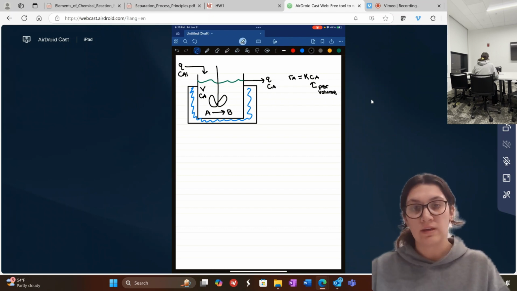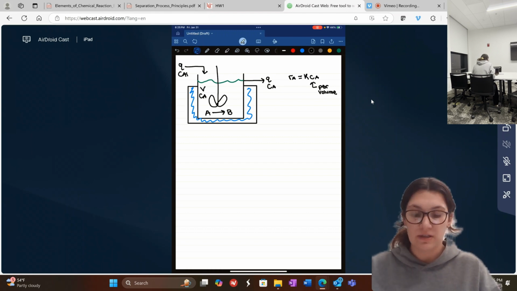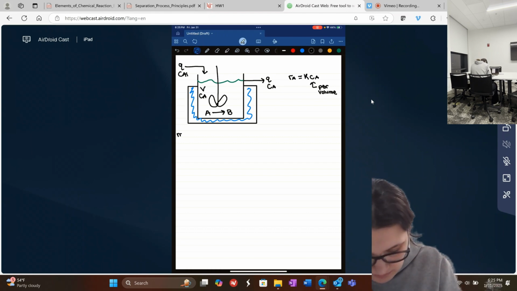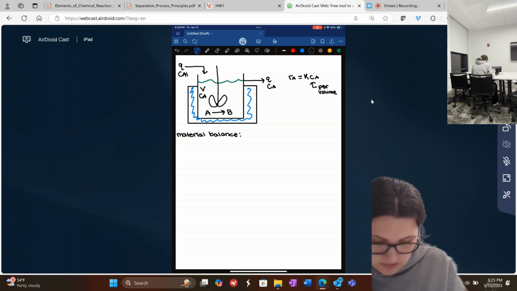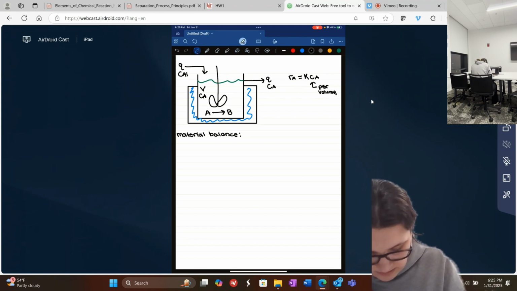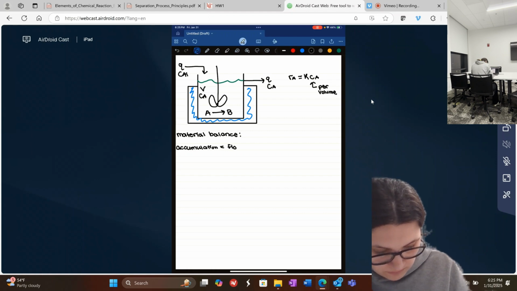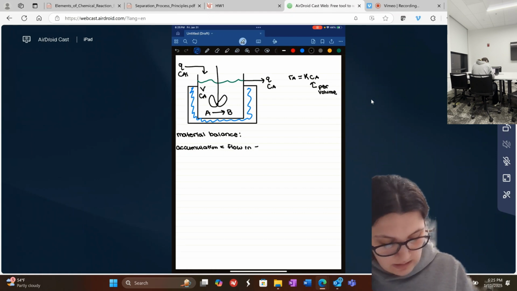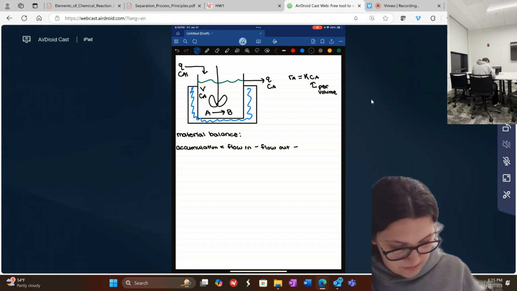So to really evaluate this reactor, we want to look at the material and energy balances. So we can start with our material balance. Our material balance is the accumulation equal to the flow of material in minus the flow of material out minus the amount of material consumed.